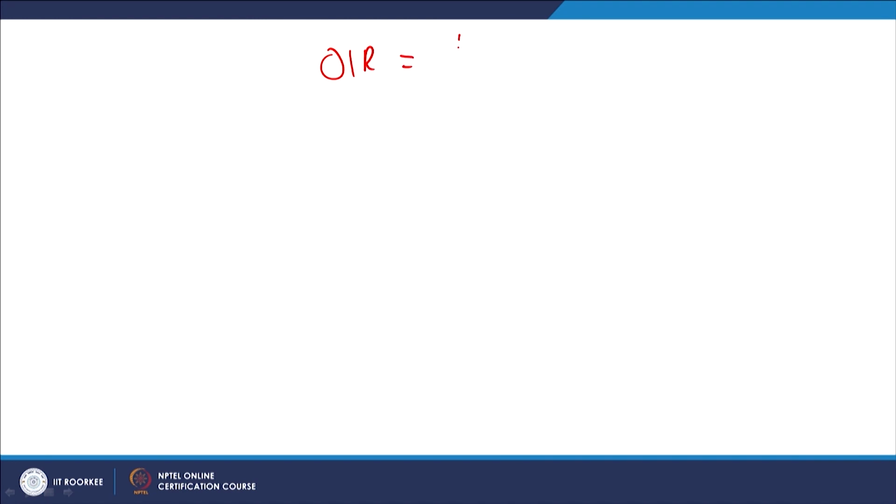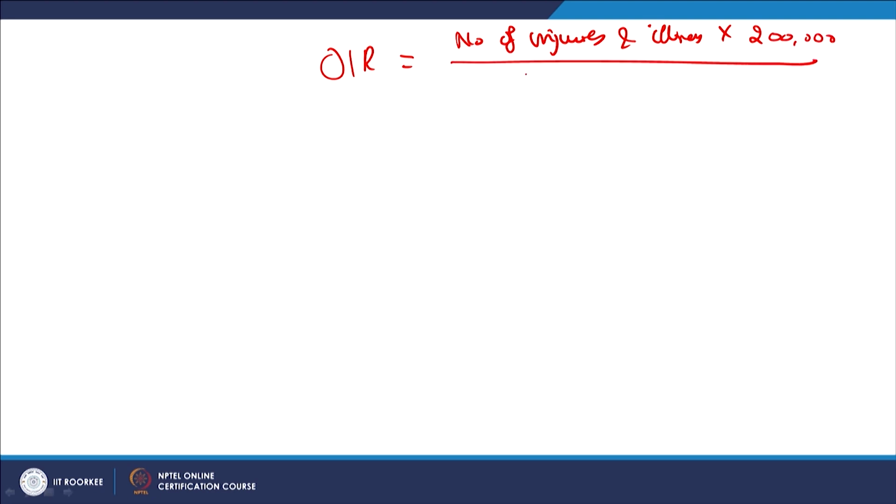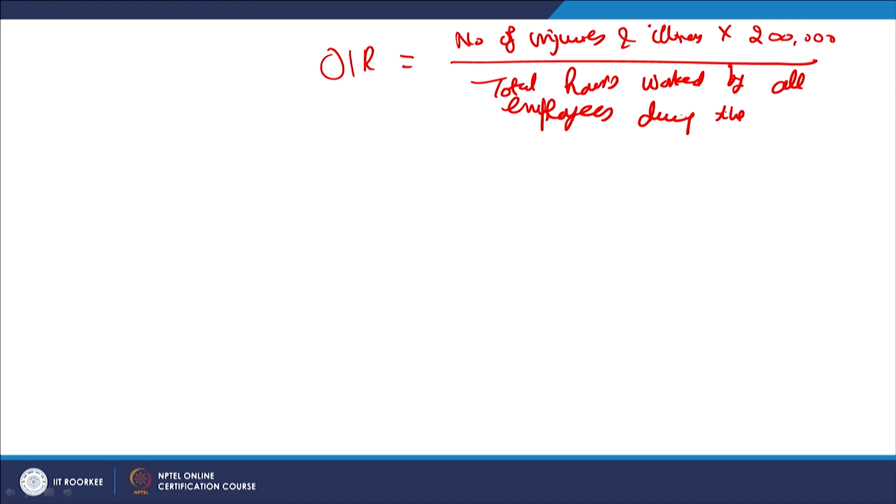OIR is the number of injuries and illnesses multiplied by 0.2 million, divided by the total hours worked by all employees during the period in question.